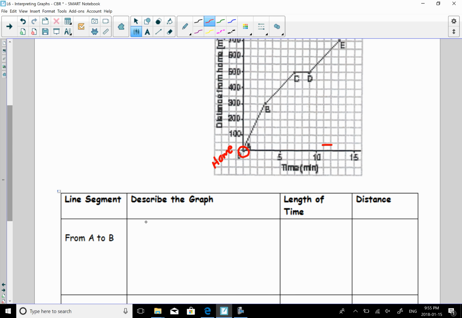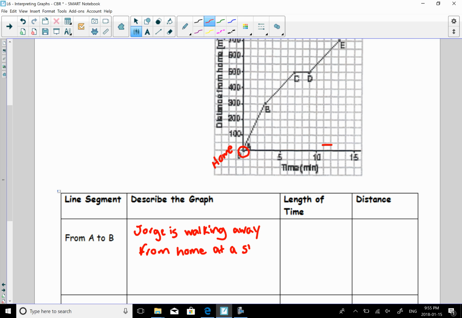So here George is walking away from home at a steady rate.